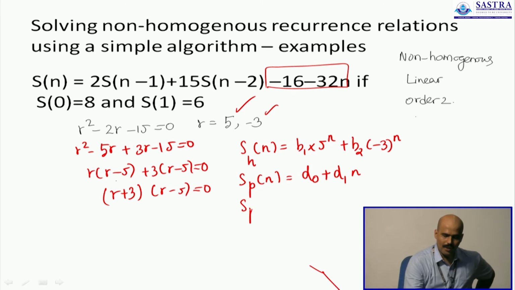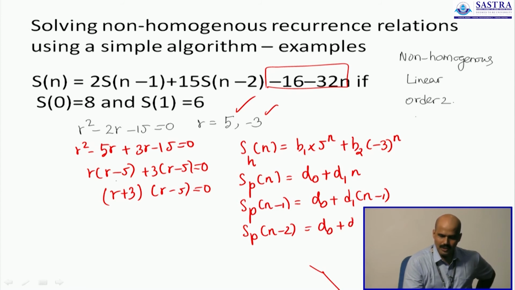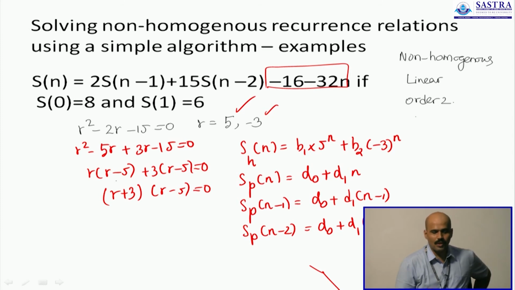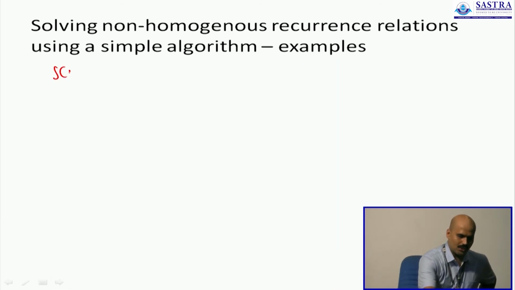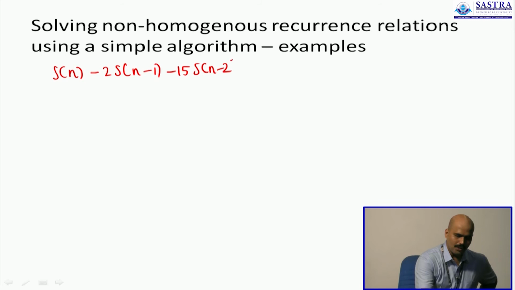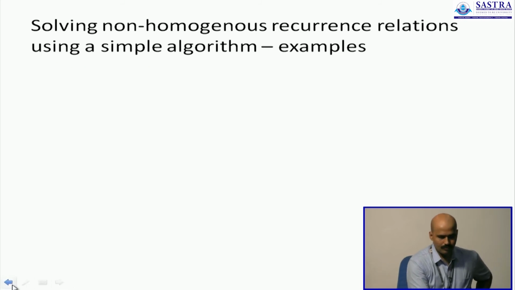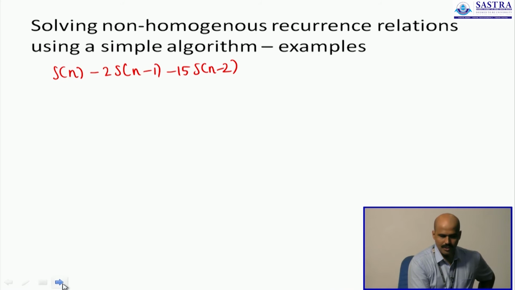So, what will happen to Sp of n minus 1? That will be d naught plus d1 times n minus 1. Sp of n minus 2 has got to be d naught plus d1 times n minus 2. We will use them to find the values of d naught and d1. So, what we have on the equation is s of n minus 2 s of n minus 1 minus 15 s of n minus 2 to be minus 16 minus 32n.